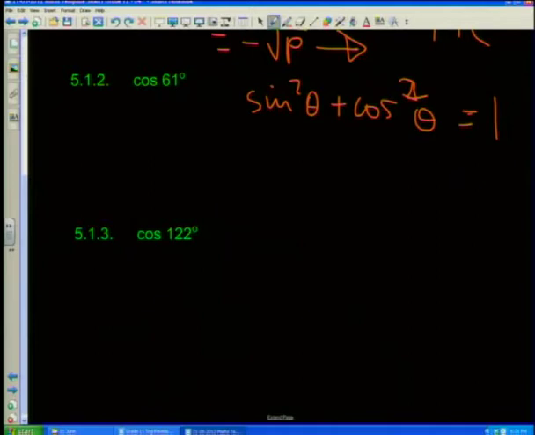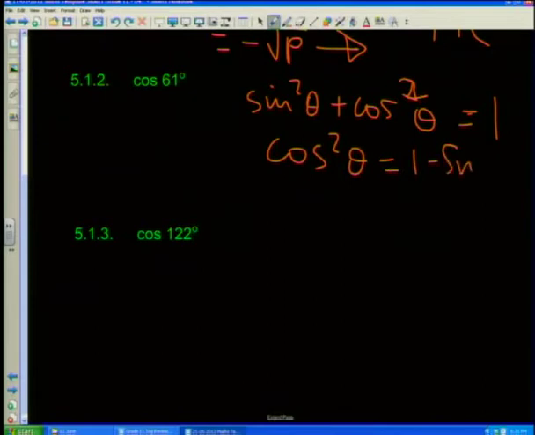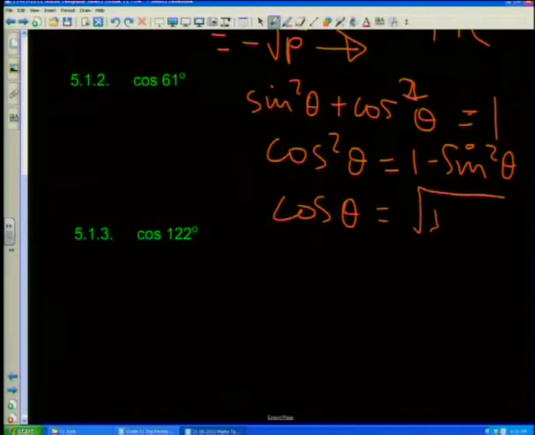Therefore, we can rearrange this so that we have cos squared theta equals 1 minus sine squared theta. To find cos theta, which is what we are looking for here, we simply square root both sides, and we end up with cos theta equals square root of 1 minus sine squared theta.